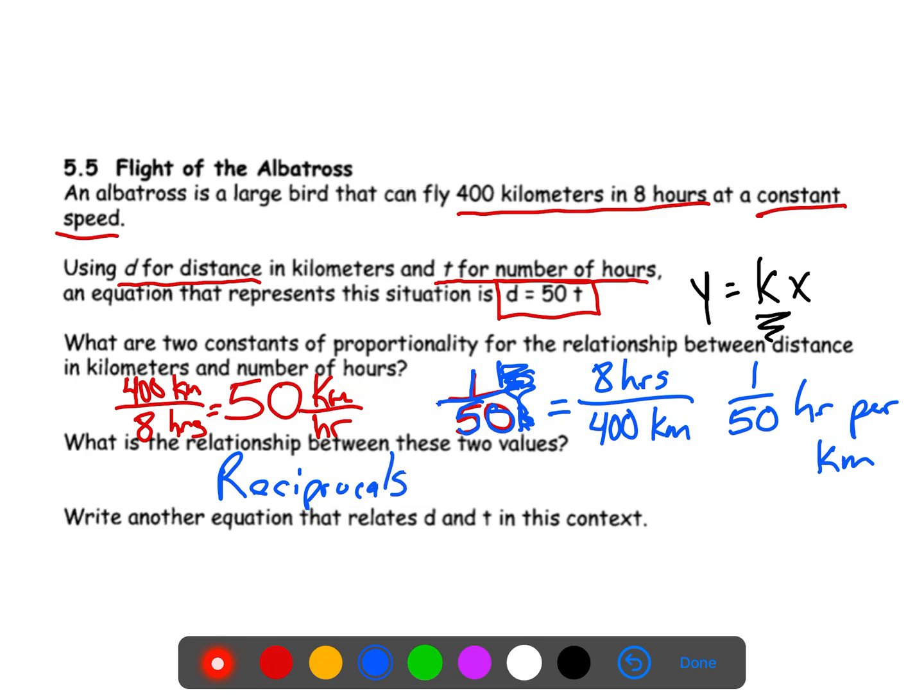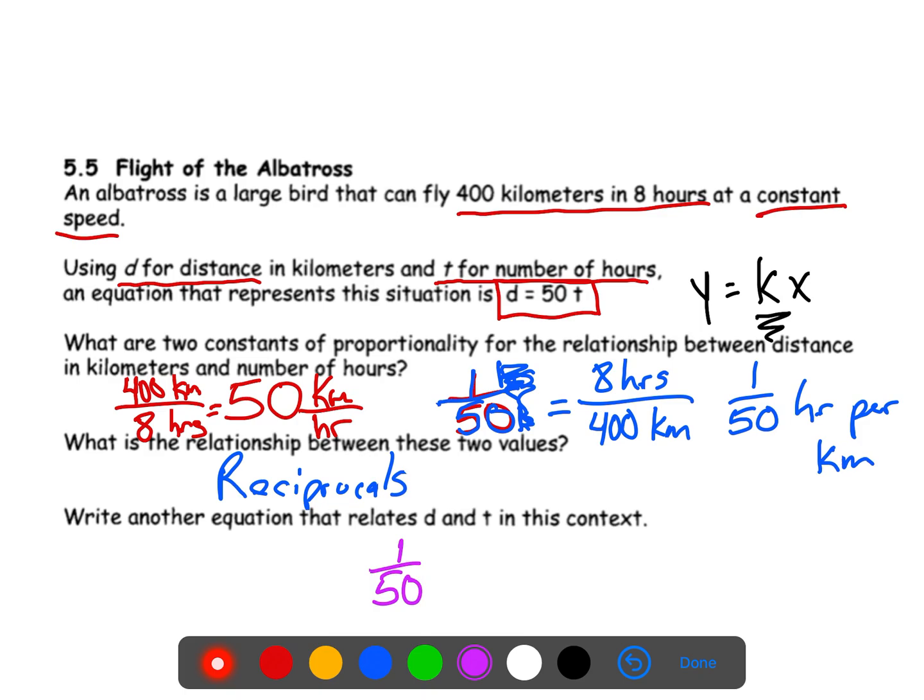And if we had to write equations for them, we were given the one equation here, which would be the more common equation that we would use, being that we would most likely use this constant of proportionality. But if we did want to use it the other way, then our equation is going to be using the constant of proportionality 1/50th. And in this case, the way that the variables appear here, where we find the distance by multiplying the time and the constant of proportionality, is going to change.